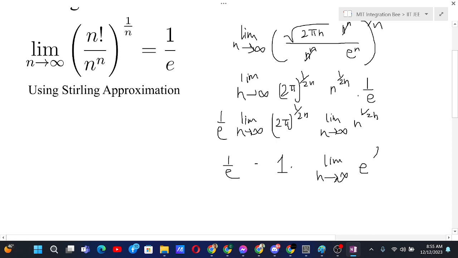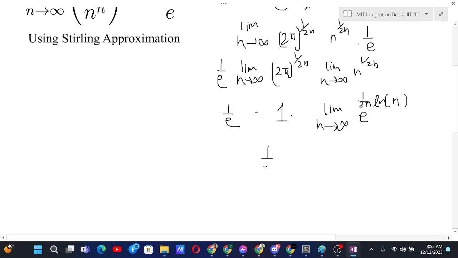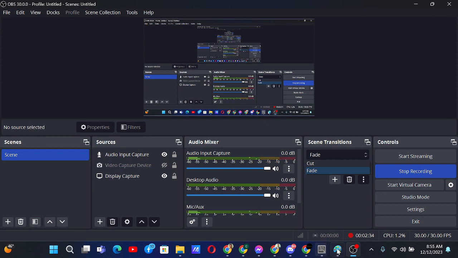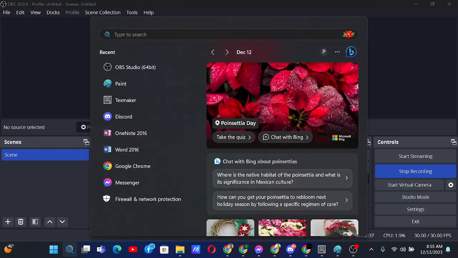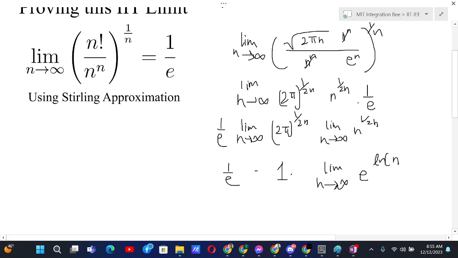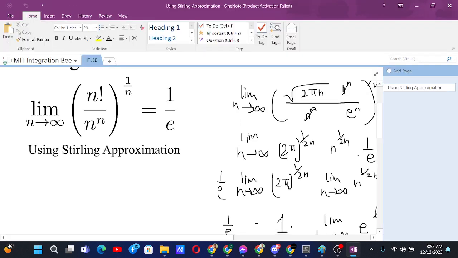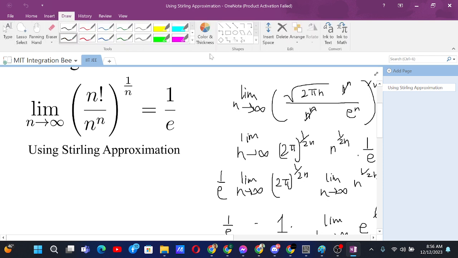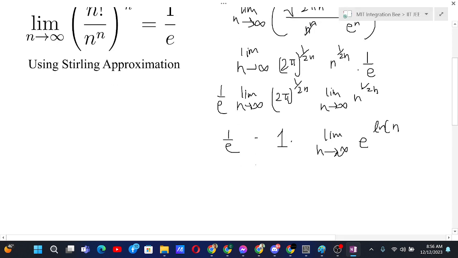Now for the other limit, what we can do is we can change it to e to the power ln of n to the power 1 by 2n, where the power 1 by 2n goes to the front.